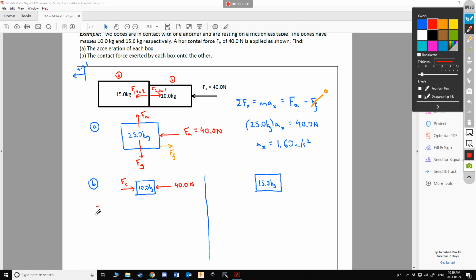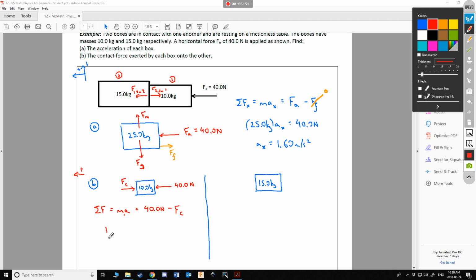So we get an equation, the sum of the forces. Yes, there is the normal force and force of gravity, but we know they're not really playing a part in this question, so I'm just going to ignore them for now. The sum of the forces is equal to mass times acceleration, this is the mass of block 1. That is equal to the 40 newtons pushing to the left, and we said left is positive for this question, and it's being opposed by that contact force. In this one, the 15 kilogram block doesn't even exist right now; we're just looking at the 10 kilogram block.